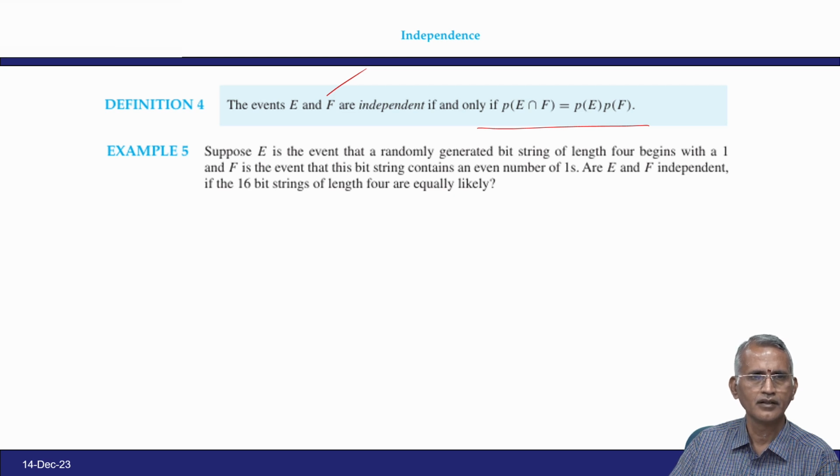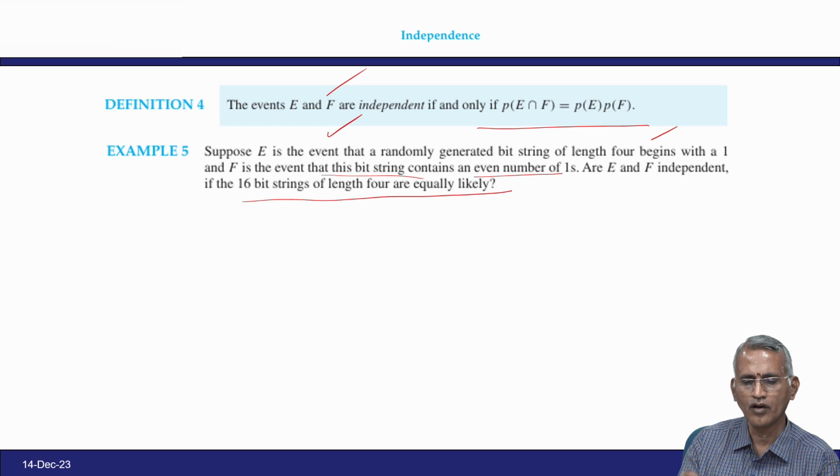Another example of independence: suppose E is the event that a randomly generated bit string of length 4 begins with 1 and F is the event that this bit string contains an even number of ones. Are E and F independent if the 16 bit strings of length 4 are equally likely?